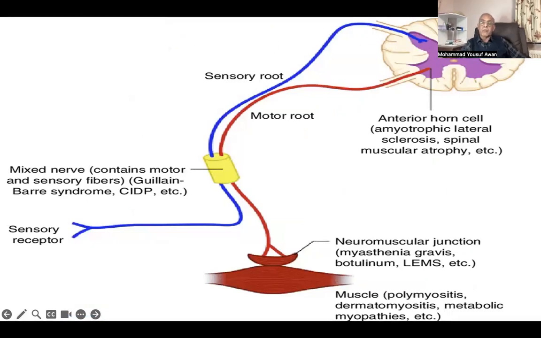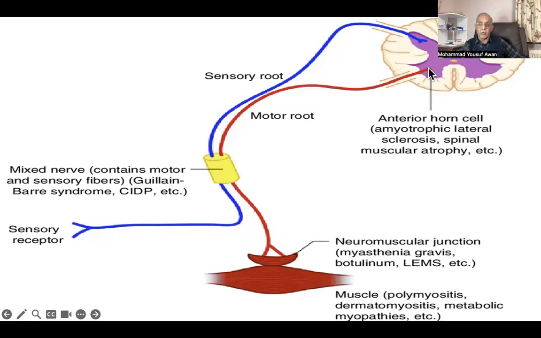So when we discussed the pyramidal tract or the corticospinal tract, the motor fibers terminate on the anterior horn cell. This here is the anterior horn cell, and these are other neurons located in the anterior horn cell.